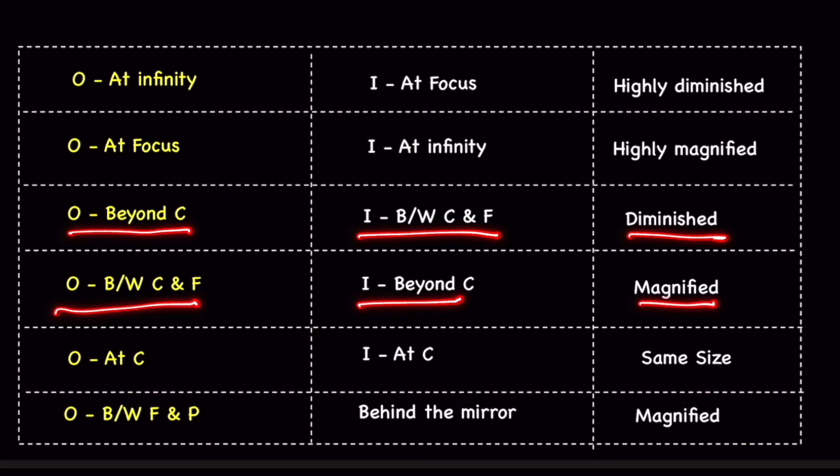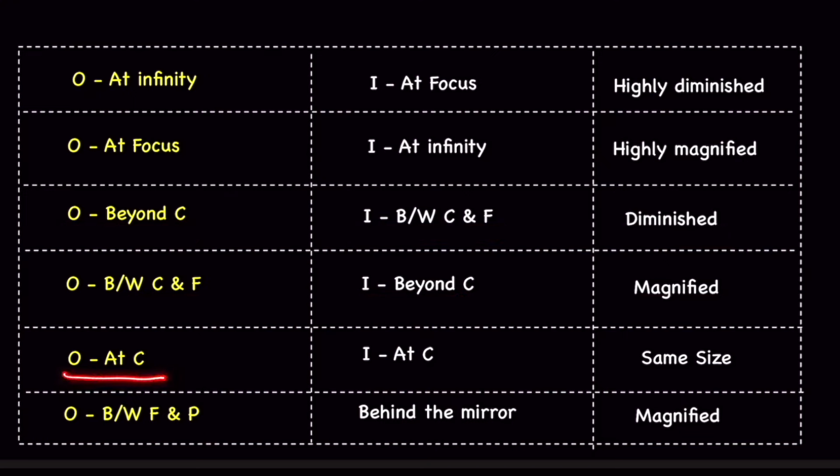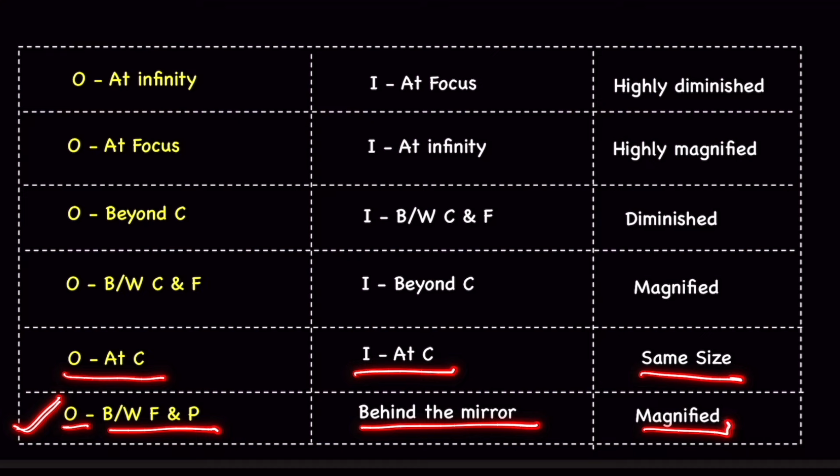This is also reverse. When the object is at C, image is at C, same size. And this is the special ray diagram where object is between F and P, image is formed behind the mirror and it is magnified. By this method, you can easily remember the nature of image in a concave mirror.